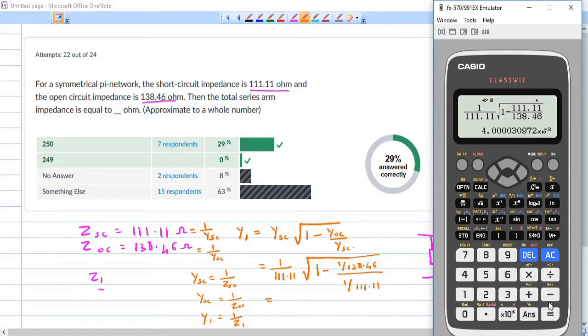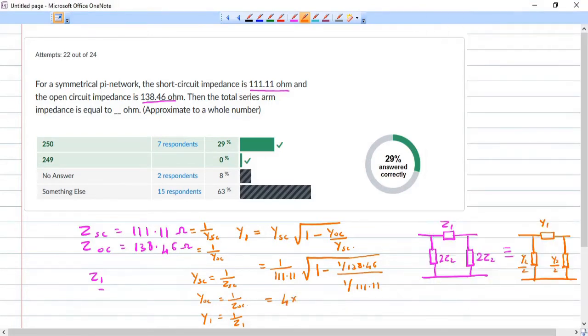So this should be equal to 4 into 10 power minus 3. So that is our Y1.